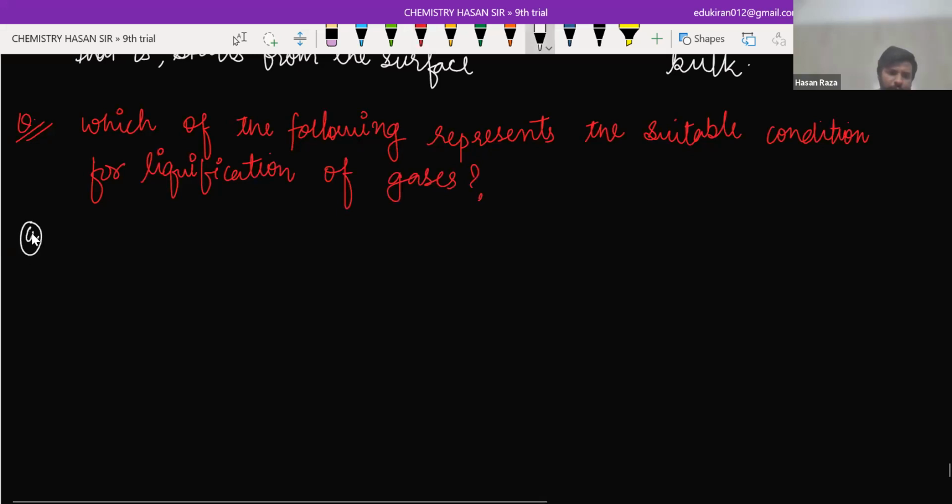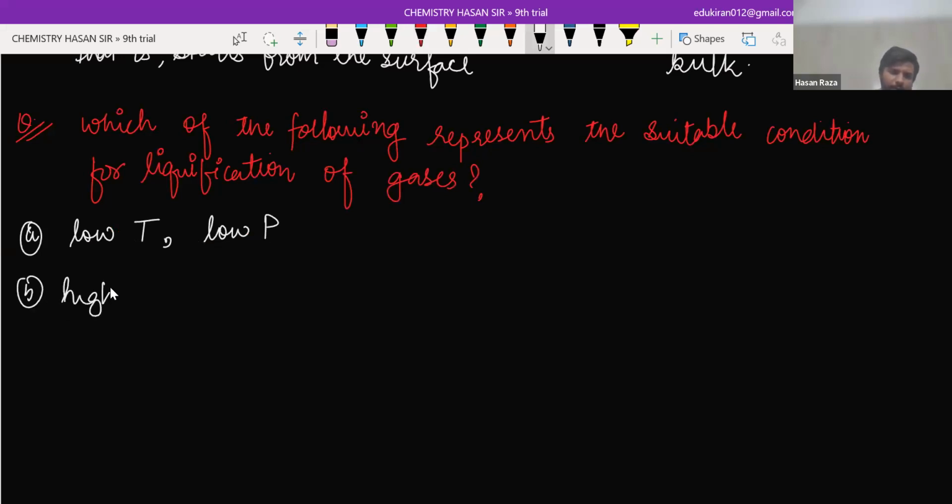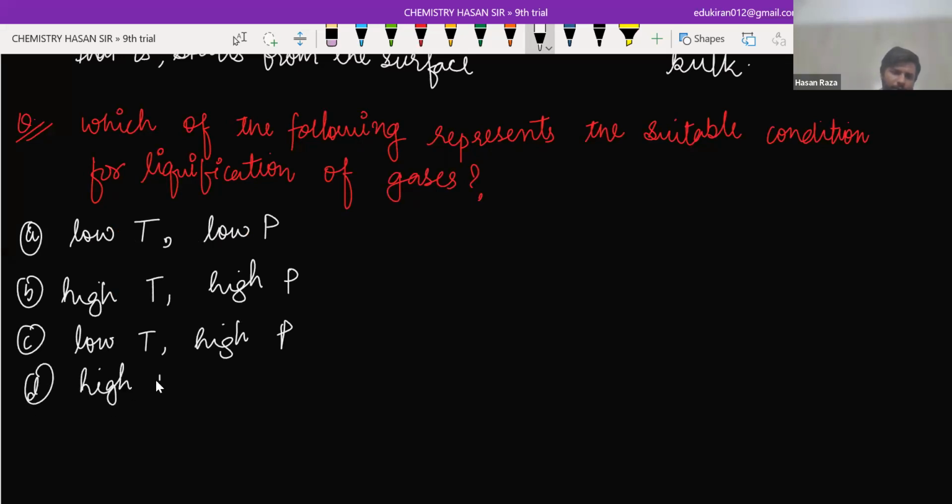The options are: low temperature, low pressure; high temperature, high pressure; low temperature, high pressure; high temperature, low pressure.